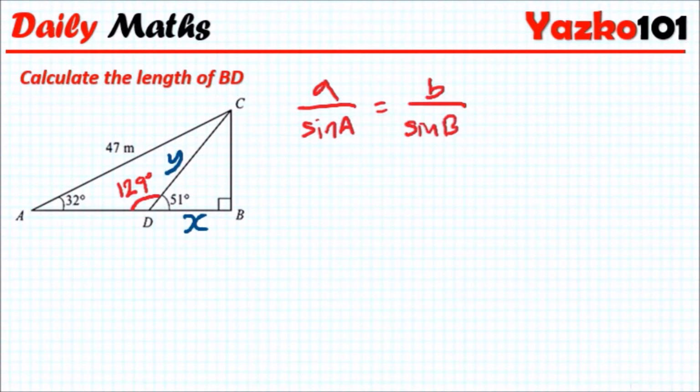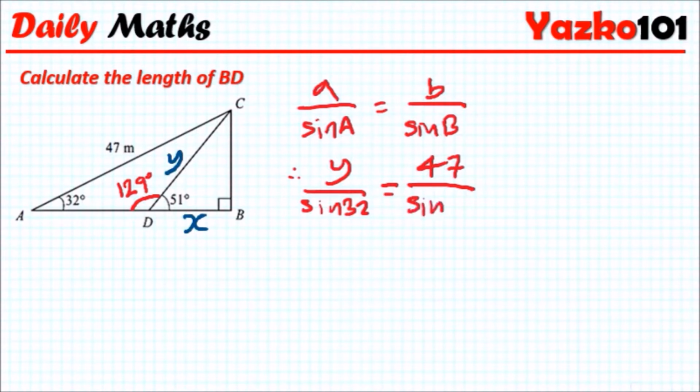Our small a in this case could be y over sine of the opposite angle, 32, so sine 32. And this is going to equal another length, which we have as 47, over sine 129. Remember, this is to do with the first triangle.